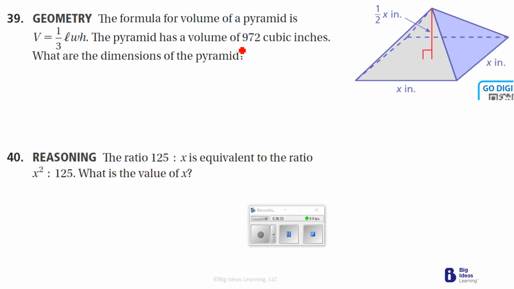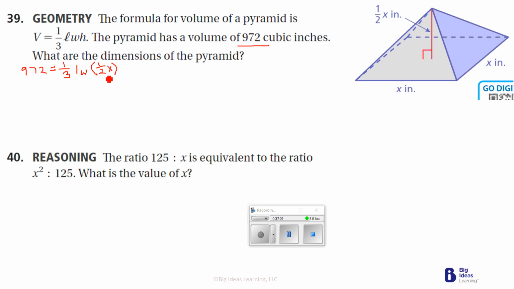If the volume is 972, we could say 972 is equal to 1/3 times the length, that's L, times the width, and then the height. And the height is 1/2 X. So that's going to be times 1/2 X.